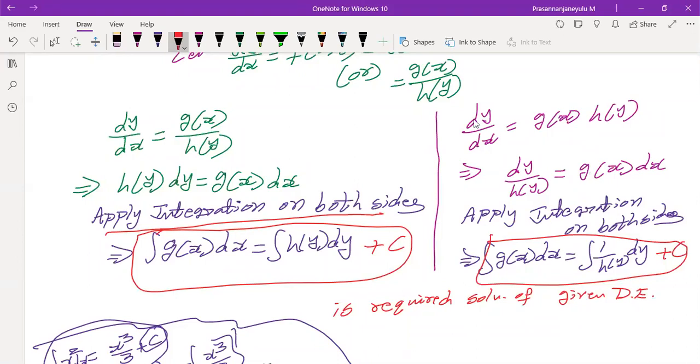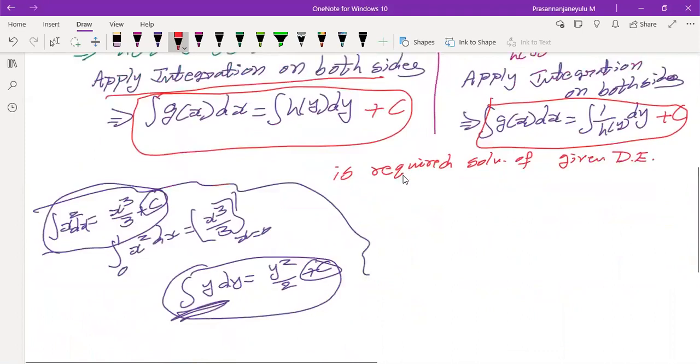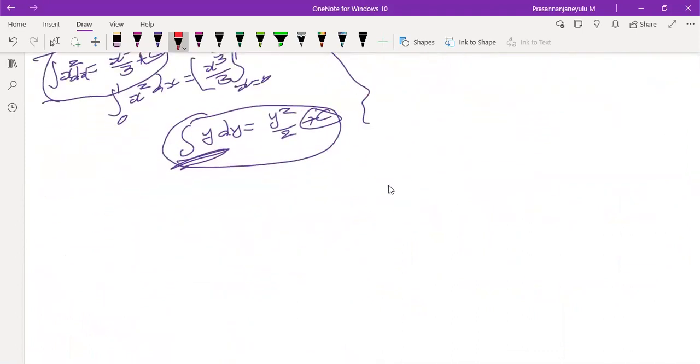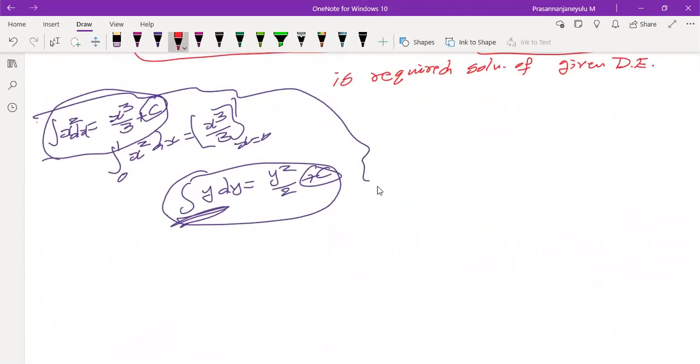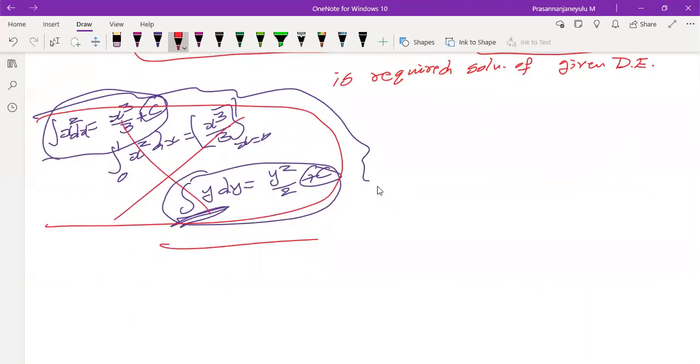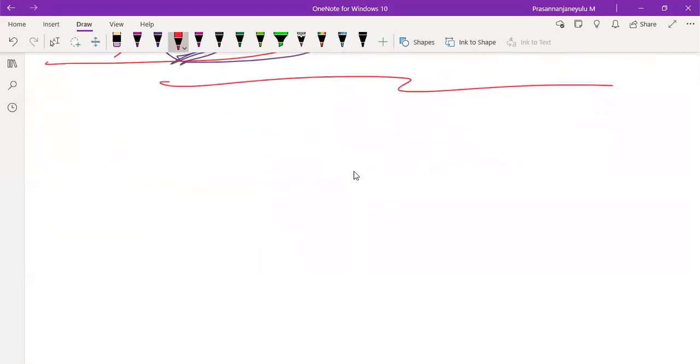So this is our introduction to the concept. Now we are going to discuss problems on this. So this is rough work. For this we also have two methods: one is the variable separable method and the other is the substitution method.